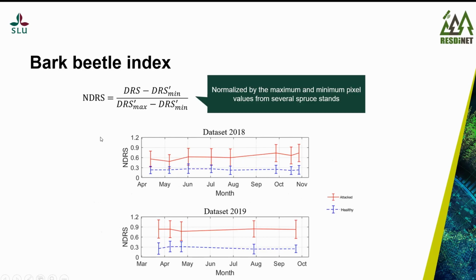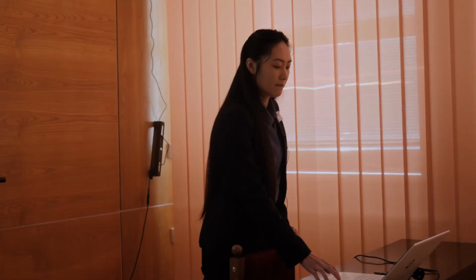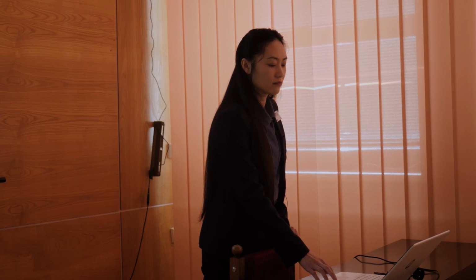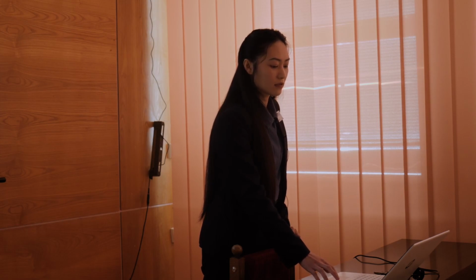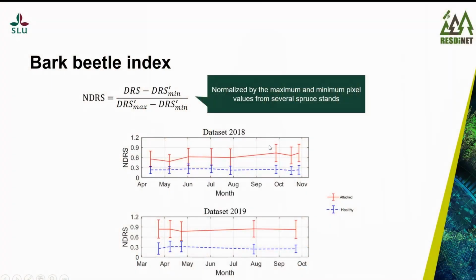So the NDRS index of the healthy plots stays almost the same throughout the season, and the NDRS index of the attacked trees gradually increases and has a good separability, not only in autumn, but also earlier in the season.